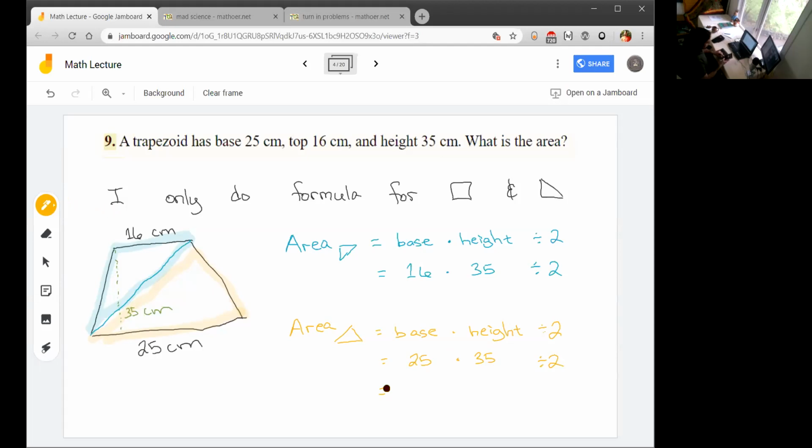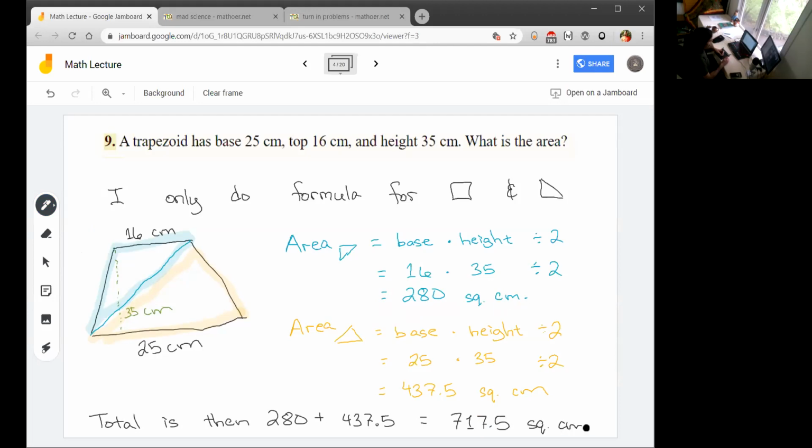One moment, I'll go back and finish blue. Okay, and then when you're done, you add them together.